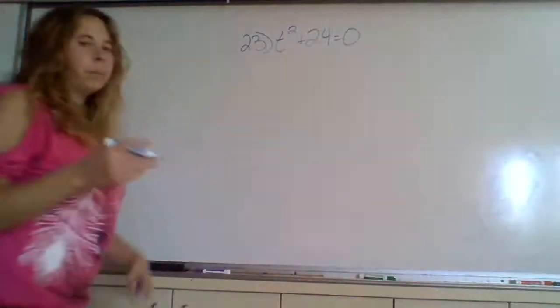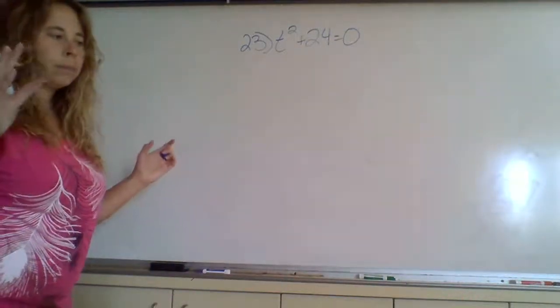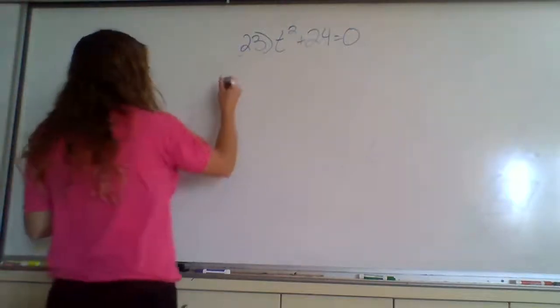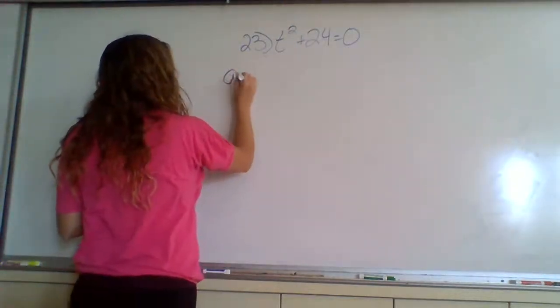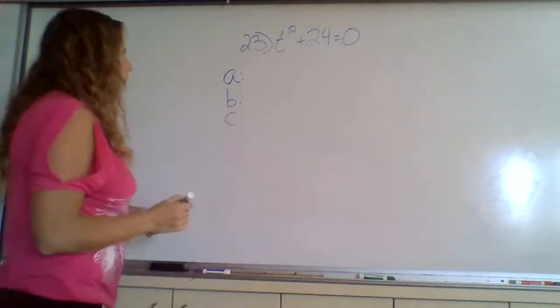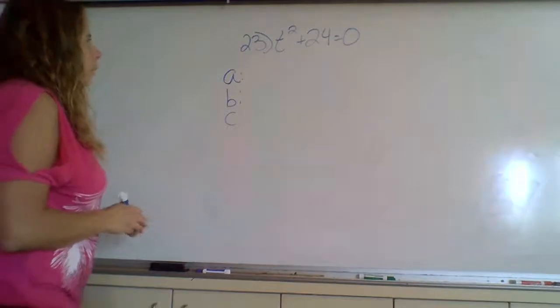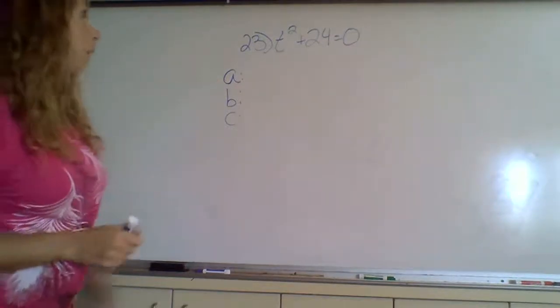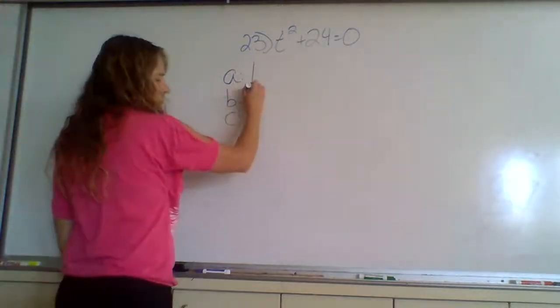Okay, so we're going to use the quadratic formula. I'm going to identify a, b, and c. t squared plus 24 equals 0. A goes with the highest power, the squared term, so a is 1.